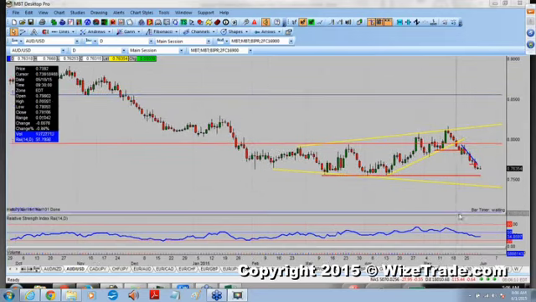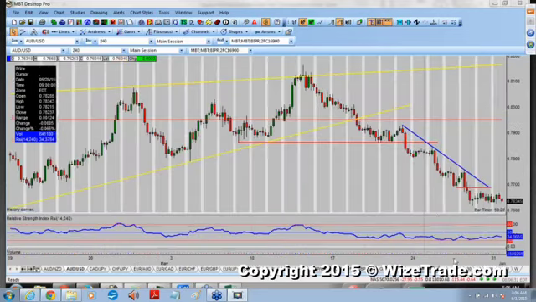Market is expecting no change in monetary policy. But the megaphone pattern, and first of all, we have major support that comes down here at 75, whatever all these lows are, 75.40, 75.30. We're still about 100 pips away.